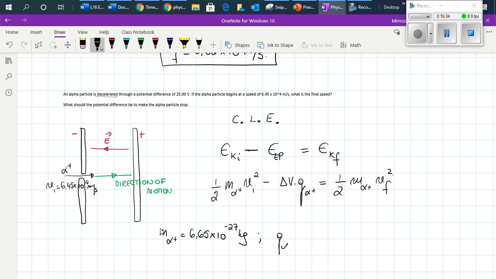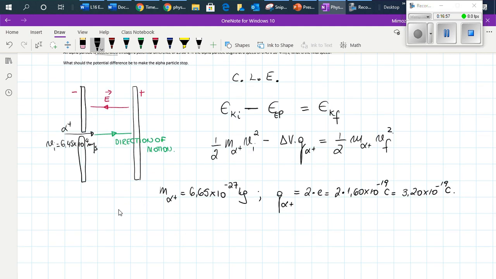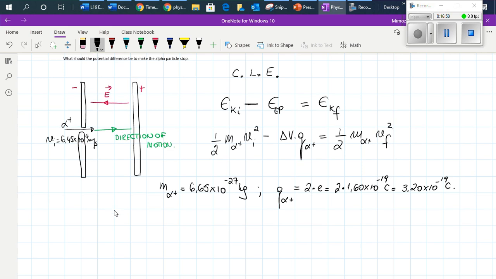The charge of the alpha particle is positive 2 elementary charge, which means it's 2 times 1.60 times 10 to the power of negative 19 coulombs, or 3.20 times 10 to the power of negative 19 coulombs. And in our question, the change of voltage is given as 25.